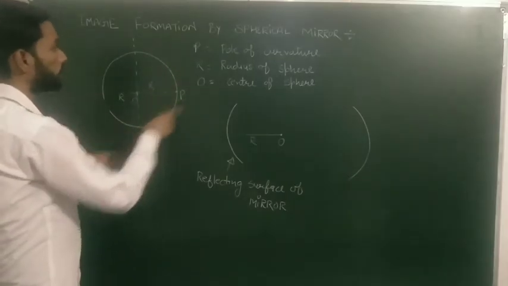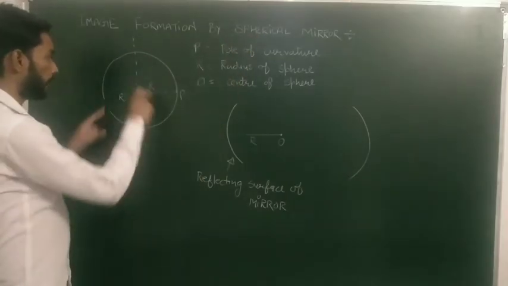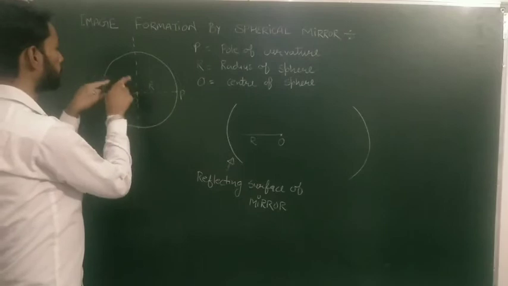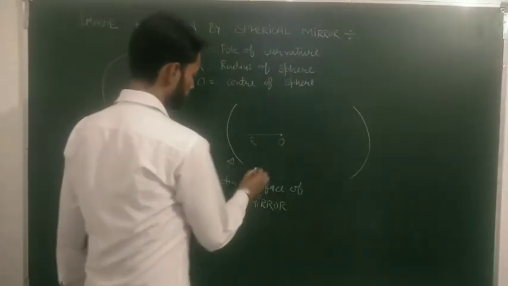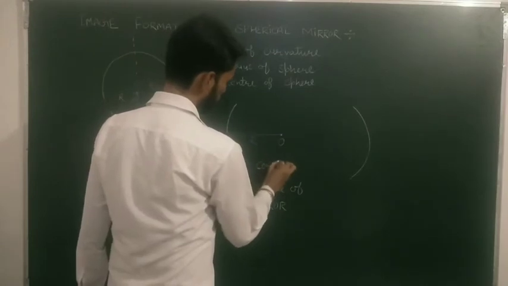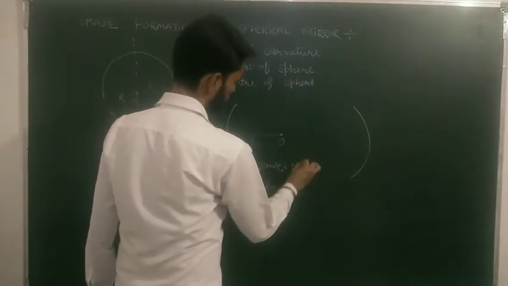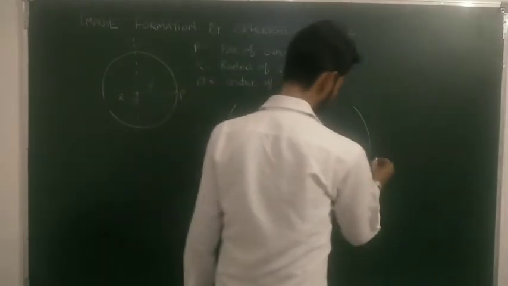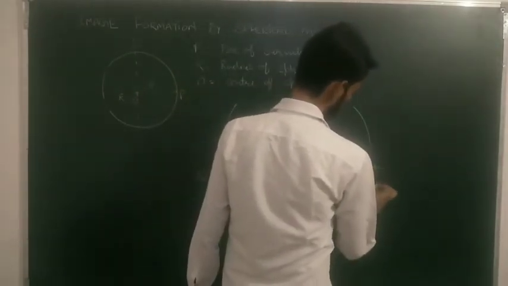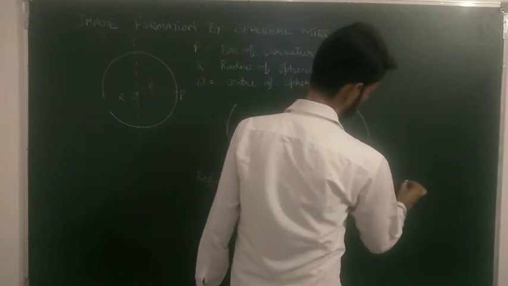The total mirror is called a spherical mirror, and now we change this mirror into two types of mirror: this one is the convex mirror, and this mirror is called the concave mirror.